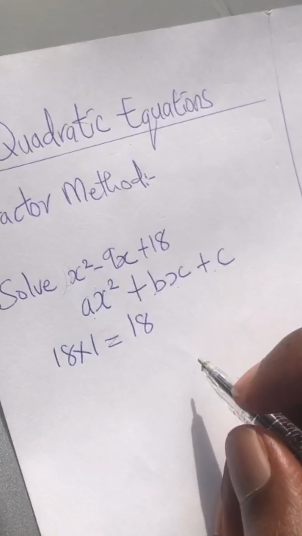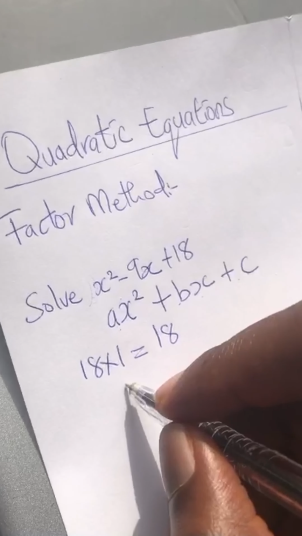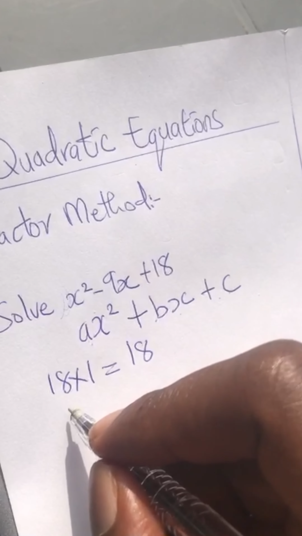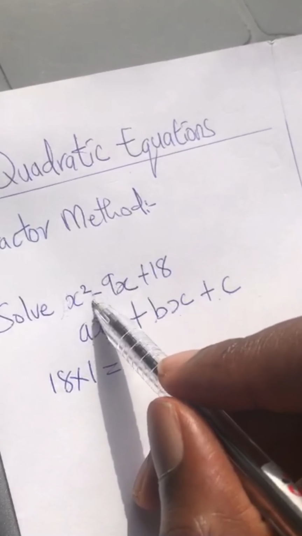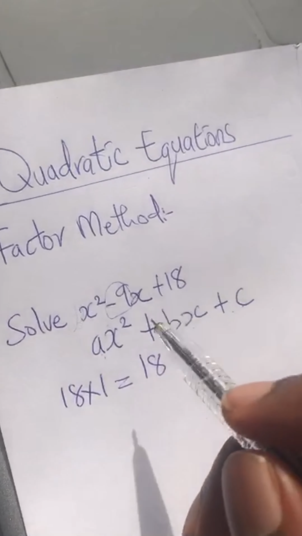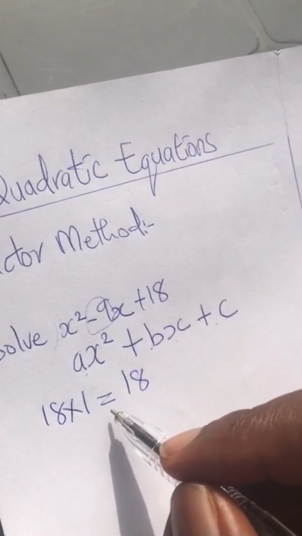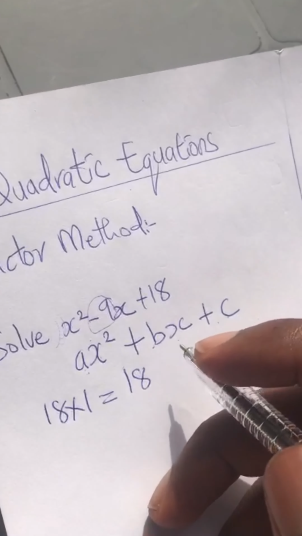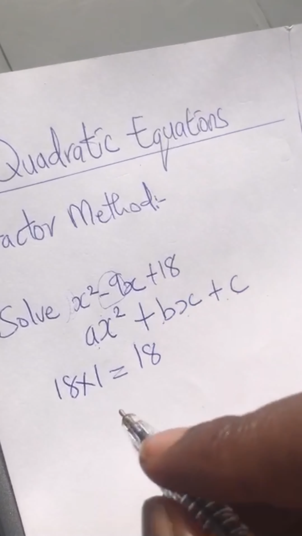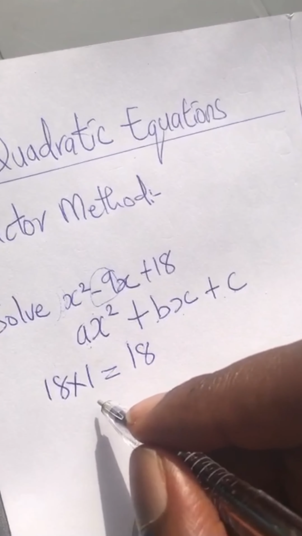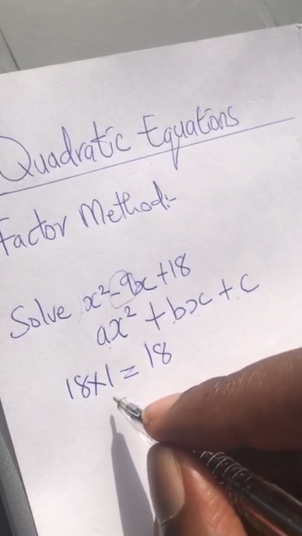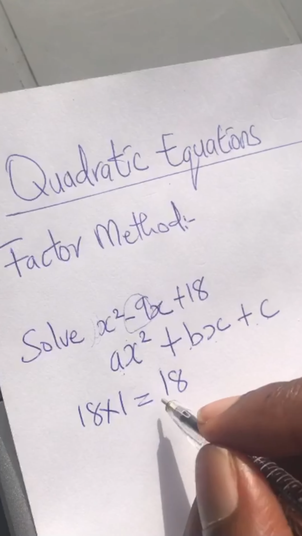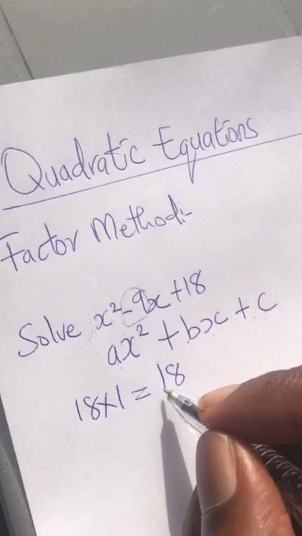So now the next step is to find two factors that when you add them up, add up to -9, and when you multiply them, the product is 18. So if you just go by elimination, what numbers can you multiply to get 18?